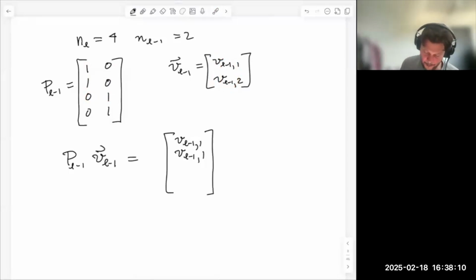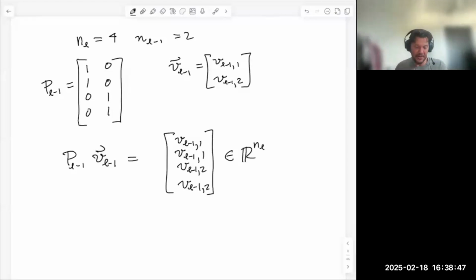So v_{L-1,2} and v_{L-1,2}. All right, so that's the resulting vector that's going to be on our fine grid, R^{N_L}. Okay, in this case, N_L is equal to 4.